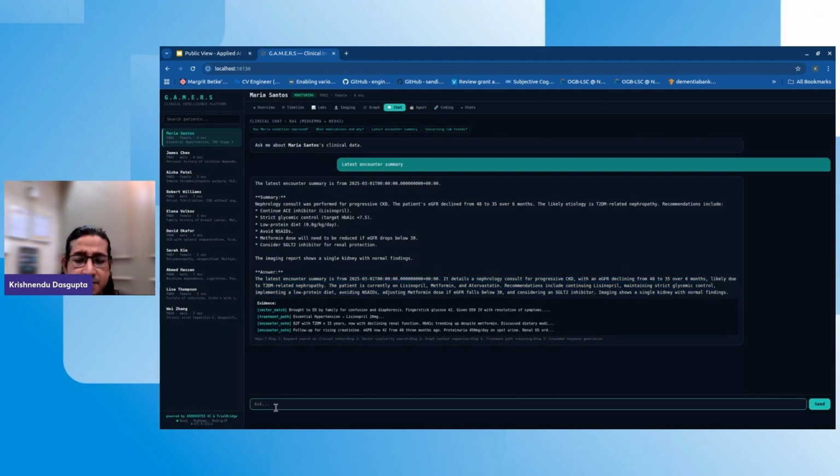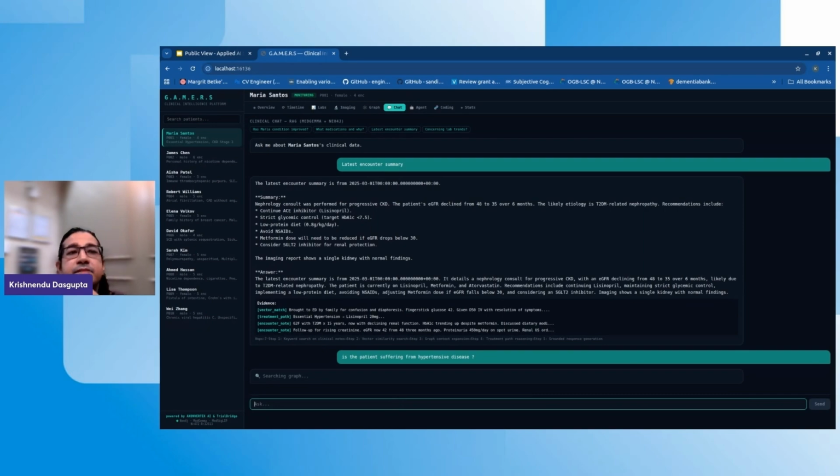Now, I'm not going to ask what the medication is. I'm just going to try it out in the live environment and see what exactly the model returns.